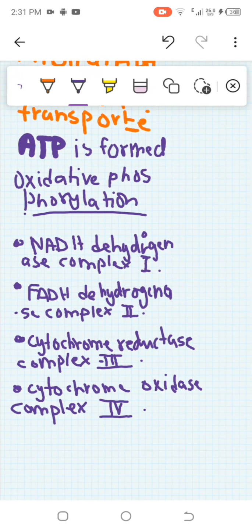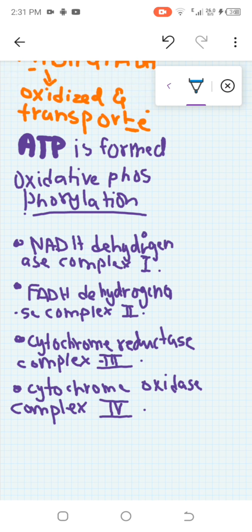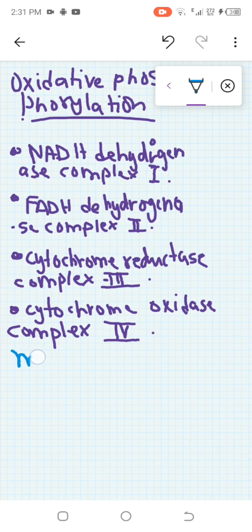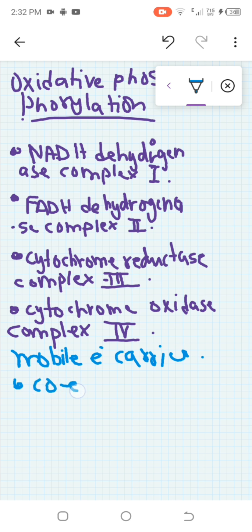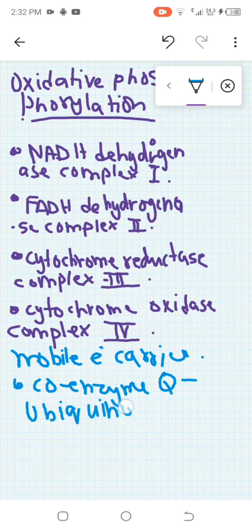The first mobile electron carrier is coenzyme Q, which is ubiquinol. The other mobile electron carrier is cytochrome C. Remember this.